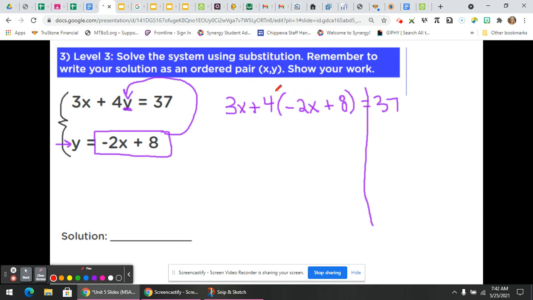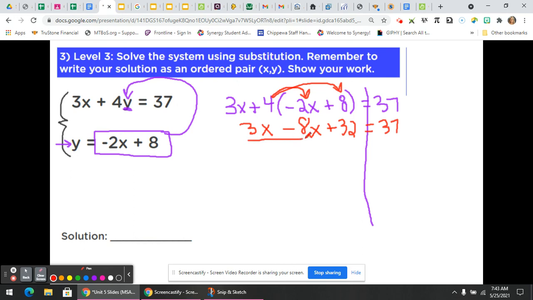Notice that I've got to distribute here. I'm going to take 4 times the negative 2x and 4 times the 8. So 4 times negative 2x gives me negative 8x. 4 times 8 is plus 32. And don't forget out here, I still have this 3x from the very beginning. All of that is equal to 37.